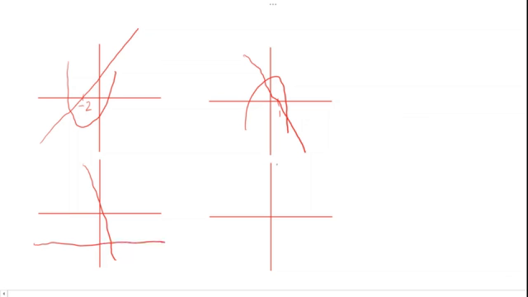Now, if we have a linear equation that's positive, like this, it's a positive gradient, so we'll have a horizontal line indicating the gradient above where y equals 0, this line here.